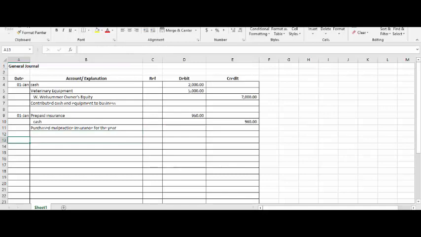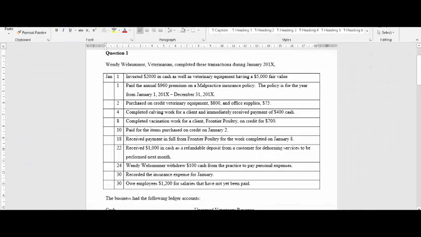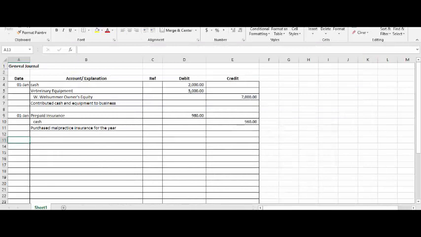Let's go back and have a look at our third transaction, which is purchased on credit veterinary equipment for $8,000 and office supplies for $75,000. So this is on January 2nd, and we've got veterinary equipment, and we've got supplies. They're both assets, so a debit is going to increase them.